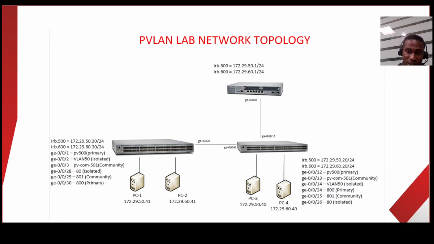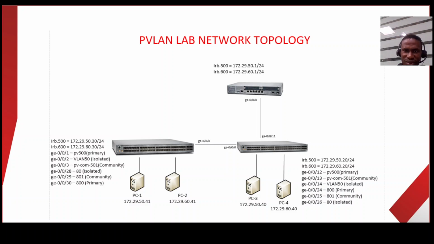If I plug a PC into a port, let's say port 10 or port 13, referencing the community VLAN, and then I plug in another PC referencing the isolated VLAN, you see both systems can't ping each other. However, if both systems are in the community VLAN, you find out they can ping each other. If both systems are in the isolated VLAN, they can't ping each other. Don't worry, in the next video we're going to do a demo session.